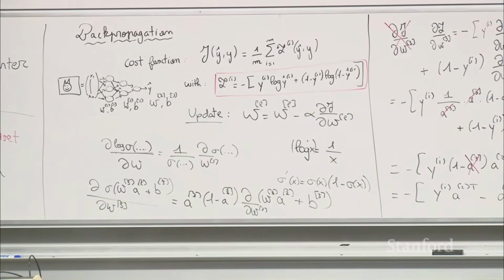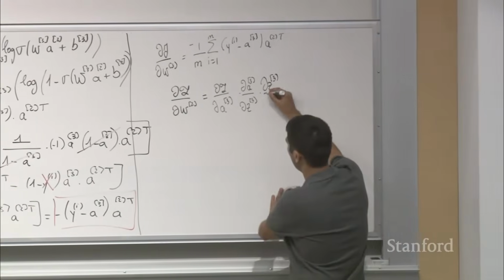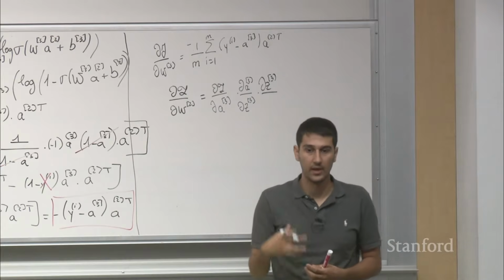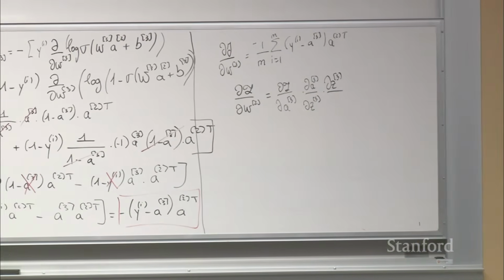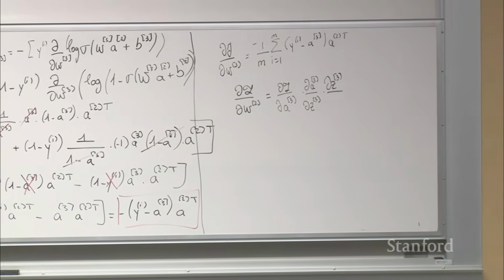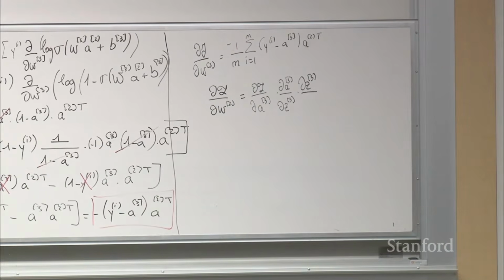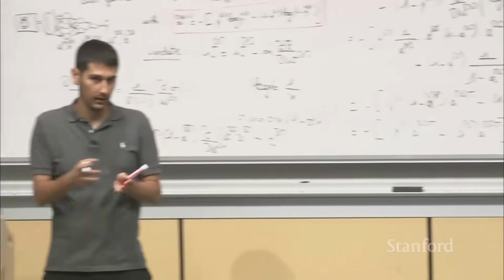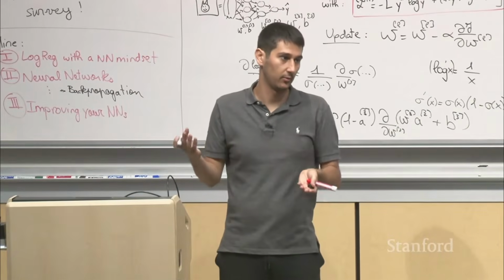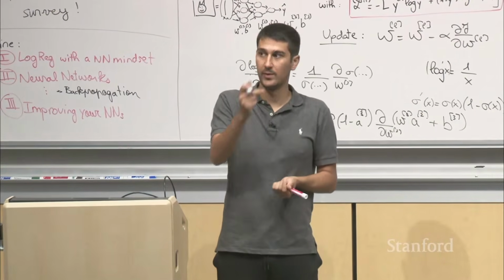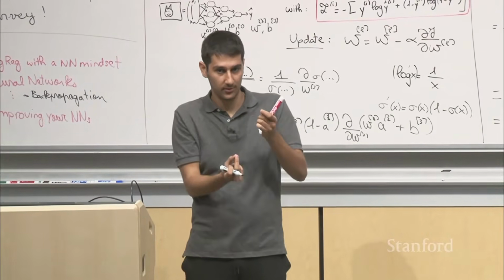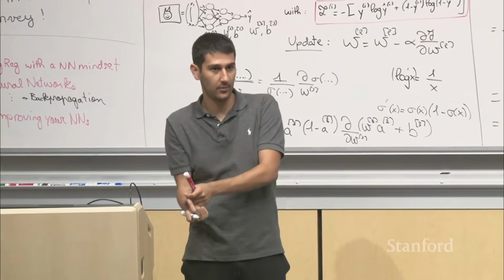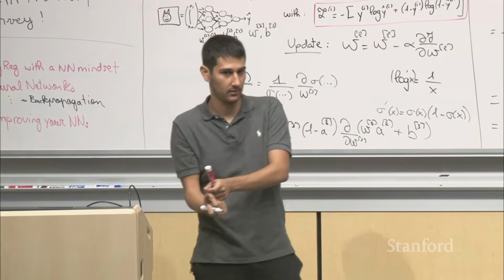So I'm going to continue. I know that Z3 is equal to W3 A2 plus B3. Which path do I need to take in order to backpropagate? I don't want to take the derivative with respect to W3 because I will get stuck. I don't want to take the derivative with respect to B3 because I will get stuck. I will take the derivative with respect to A2 because A2 is connected to Z2, Z2 is connected to A1, and I can backpropagate from this path.